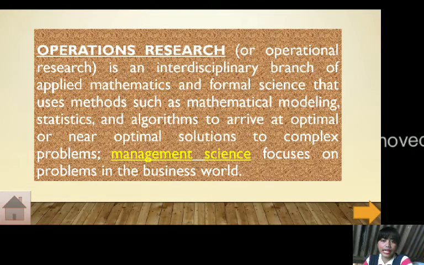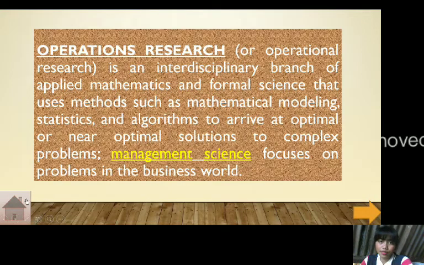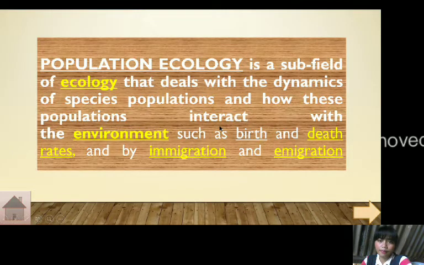So, again, that is the use of statistics in operations research. Here are the examples. We use statistics in bifurcation diagrams, linear vectors, and data flow diagrams. So that's operations research.